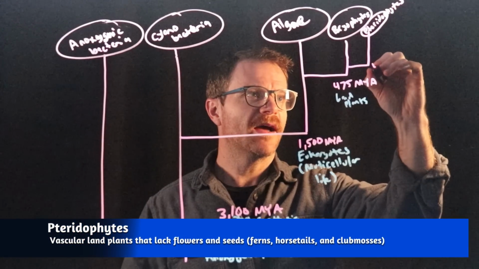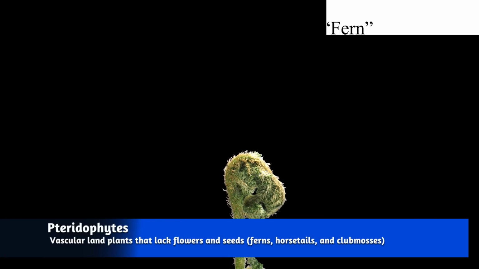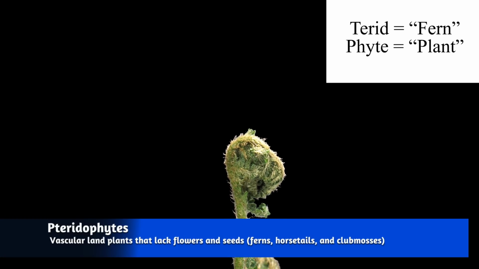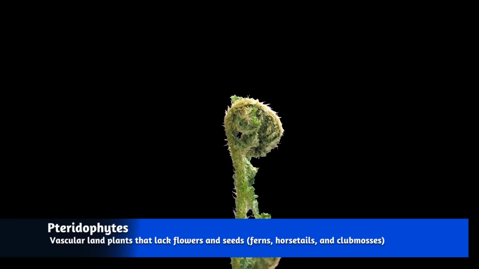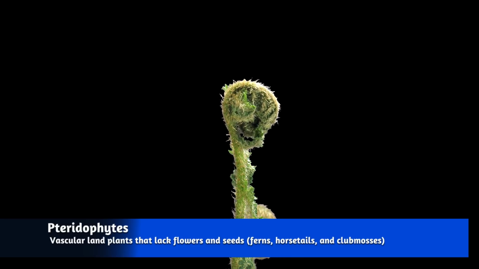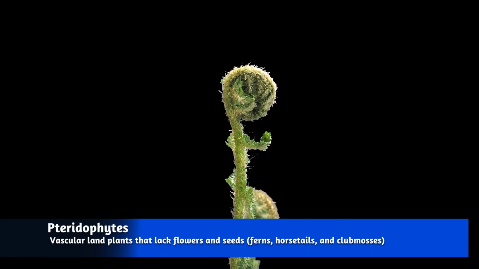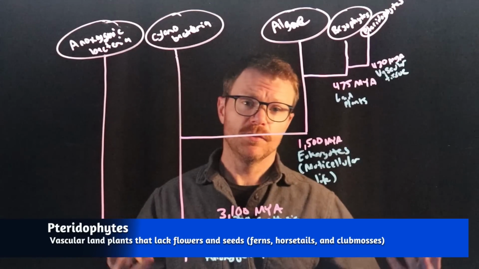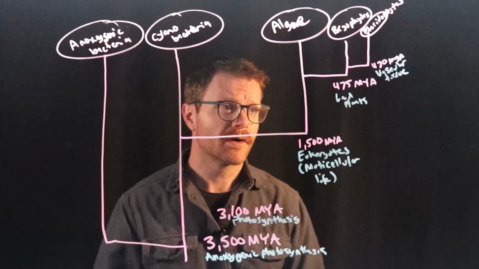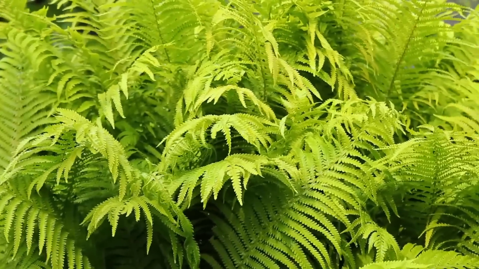And the big thing that happens here is vascular tissue. The xylem, which transports water throughout the plant, and the phloem, which transports sugars and other compounds throughout the plant.